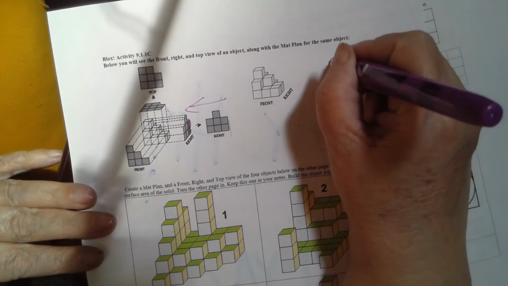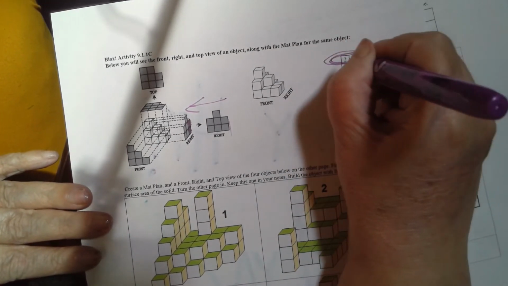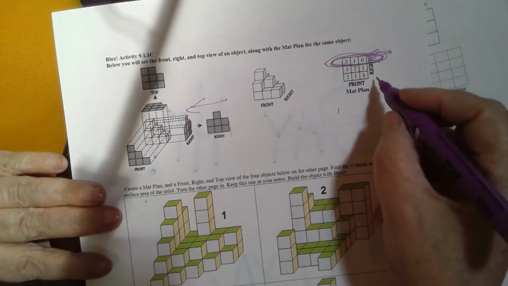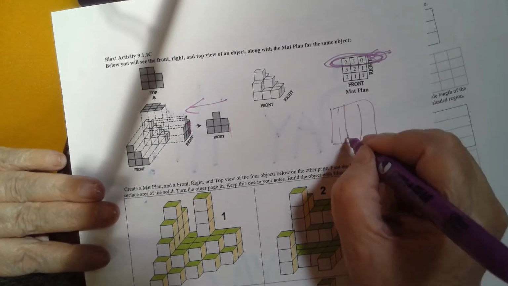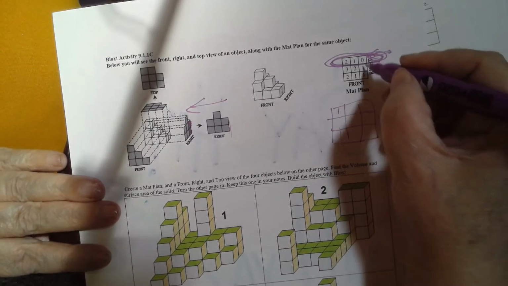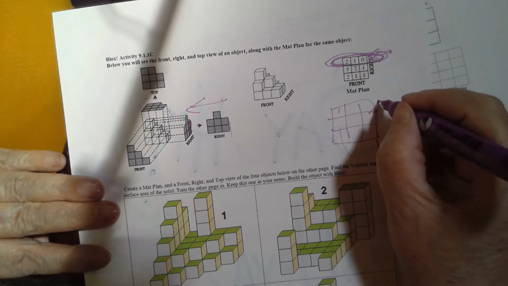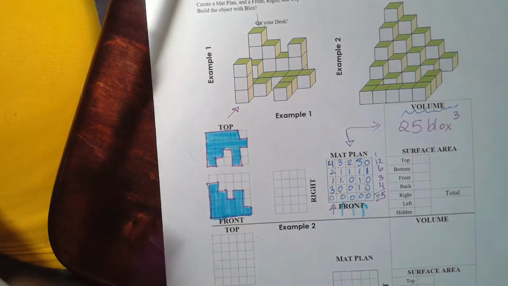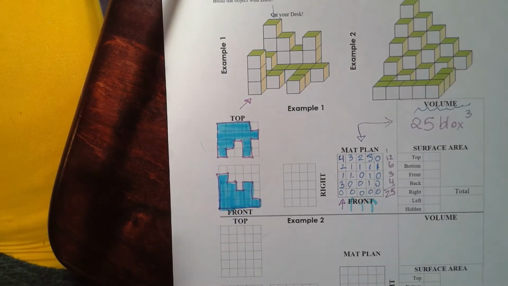So what I begin with is the very back row to figure out how many to put on my grid. That back row tells me how far up the stack should be starting on the far right. I started on the far left with my front view. My right view, I want to flip around a little bit.